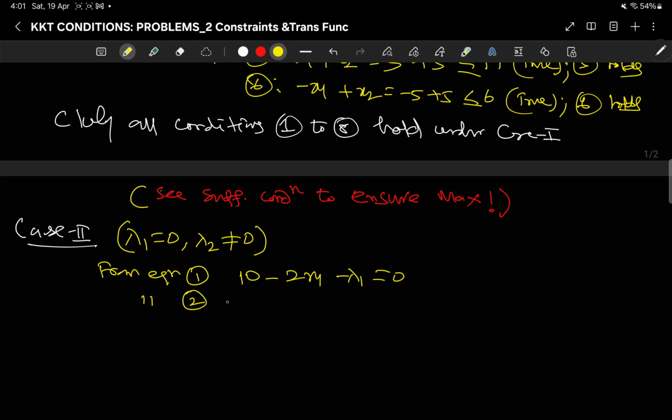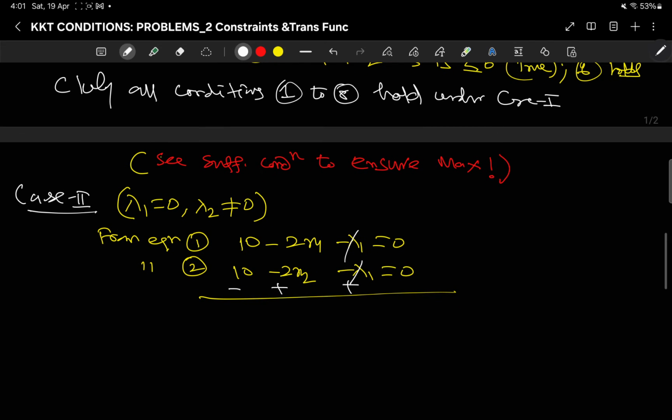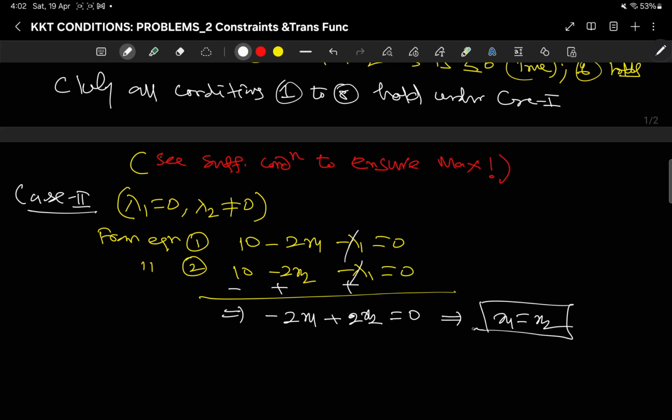From equation 2 you have 10 minus 2x2 minus lambda 1 equal to 0. If you subtract, the 10s and the lambda 1 terms cancel. So this implies minus 2x1 plus 2x2 is equal to 0, so x1 is equal to x2, right?